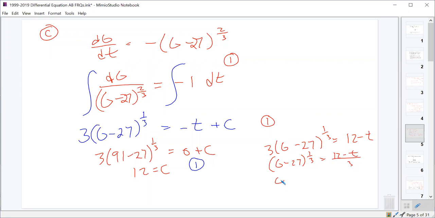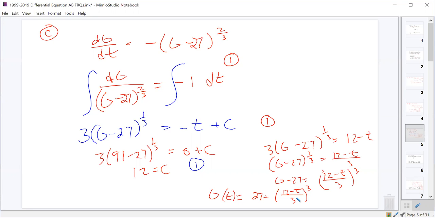We will cube everything. And we will add 27. So we end up with g of t is equal to 27 plus 12 minus t over 3 cubed.